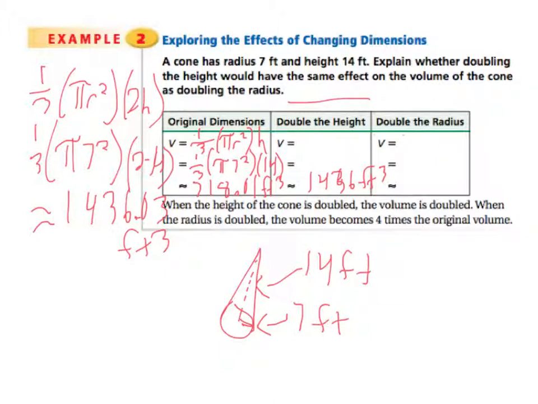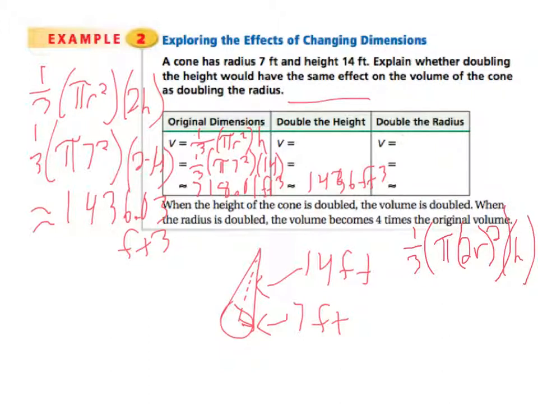So then what happens if we double the radius? So what happens if we double the base? What happens if we double the space now? So then now I'm going to do it over here, 1/3 times pi times 2r squared times the height. So I know that's kind of confusing.